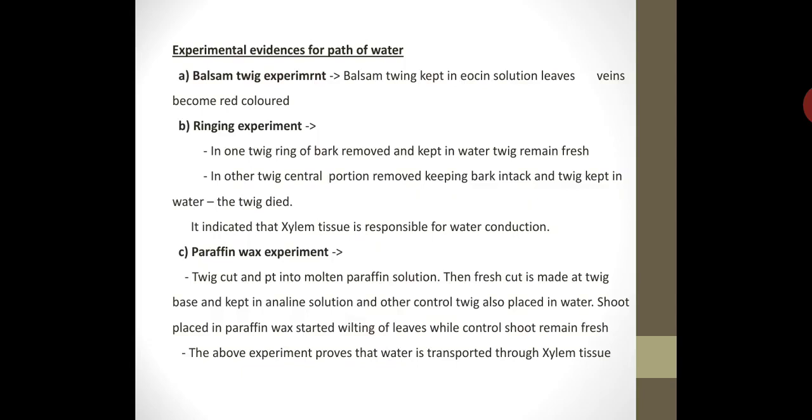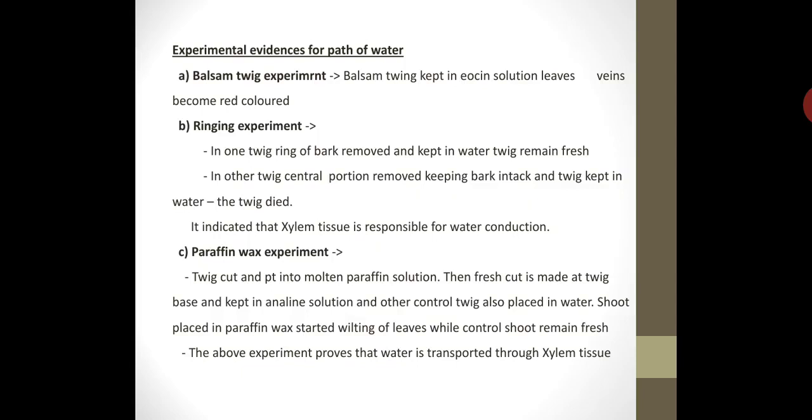It is observed that in the first twig, which was dipped into the eosin solution, the central xylem tissue of the balsam twig got red colored, that is the color of eosin solution, while the phloem tissue did not take that red color. When we take the transverse section, the red color of eosin is observed in the xylem tissue. So what did this experiment indicate?